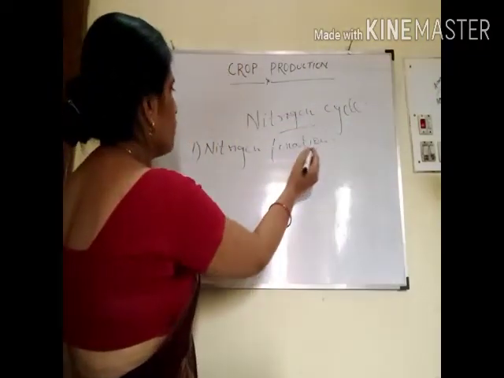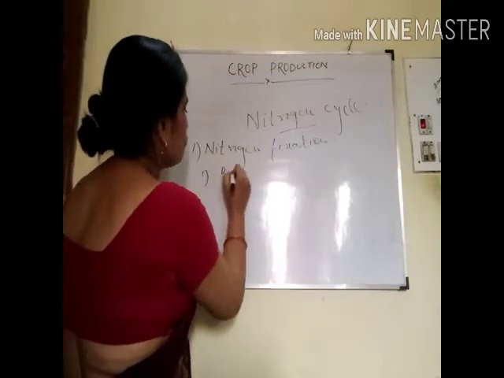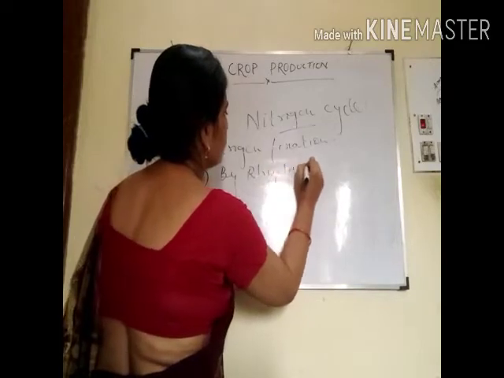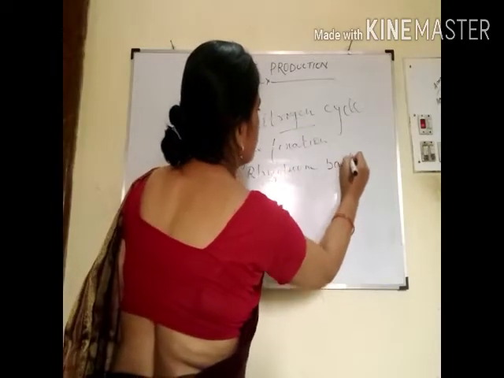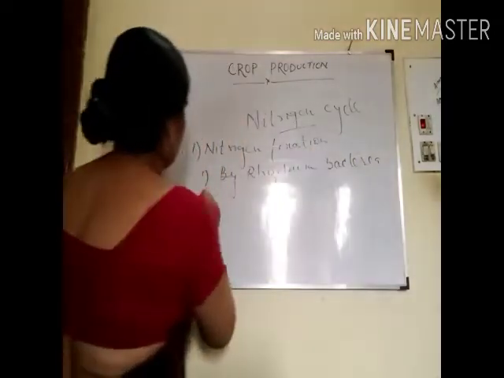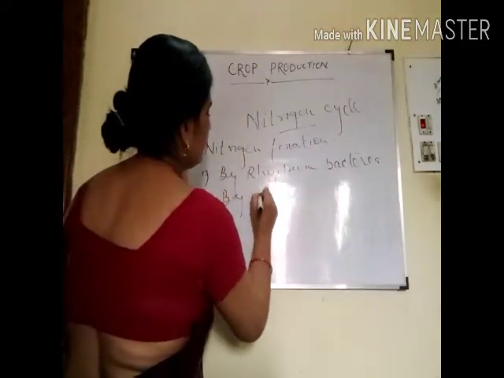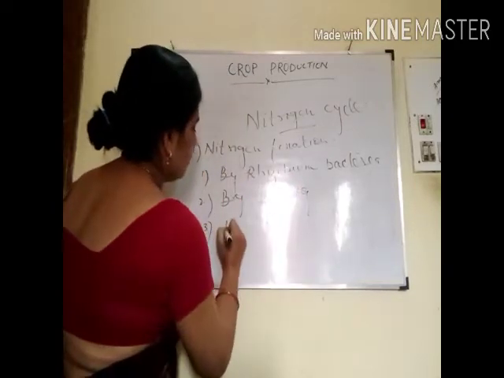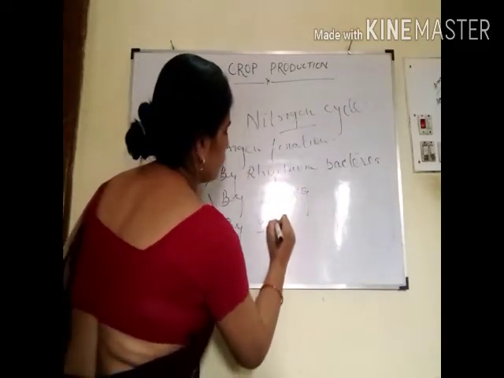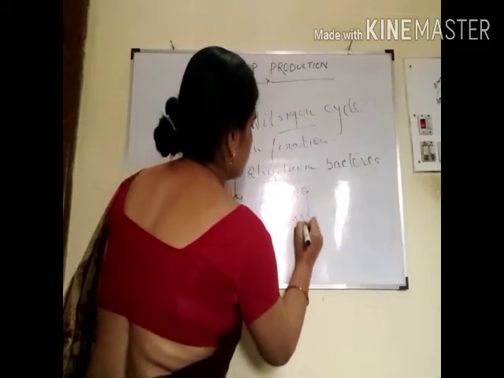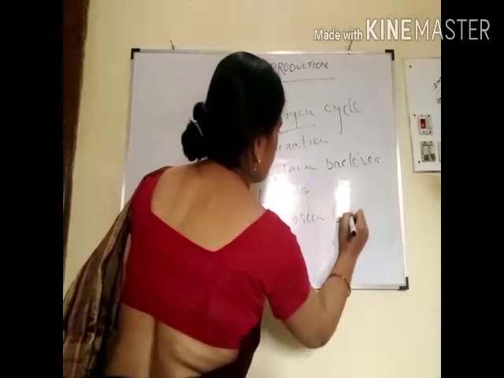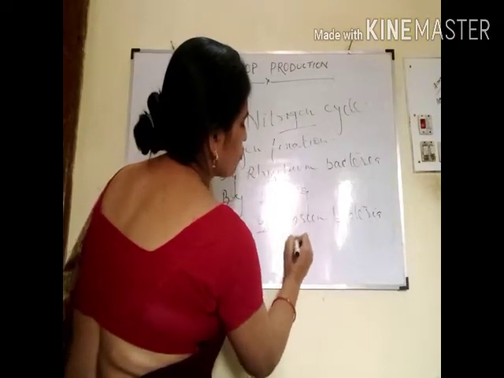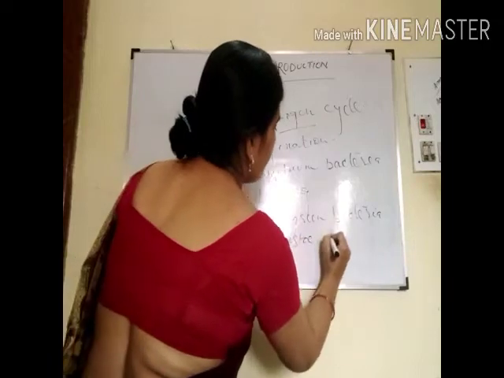So nitrogen fixation is done first by rhizobium bacteria, second by lightning, and third by blue-green bacteria like nostoc and anabaena.